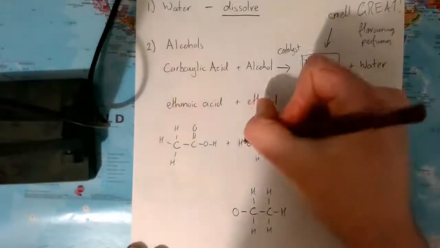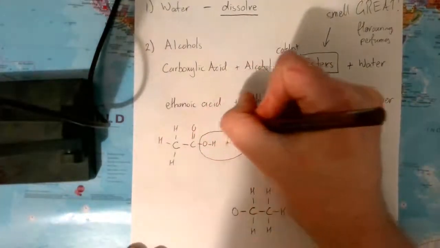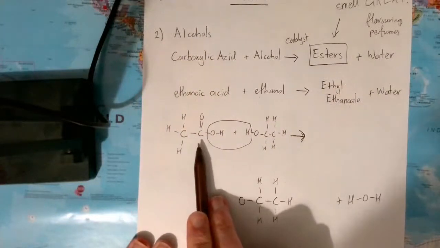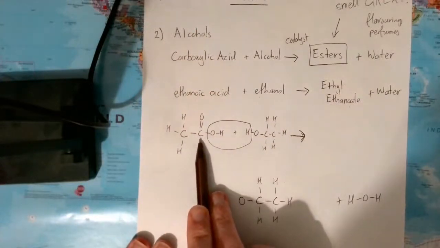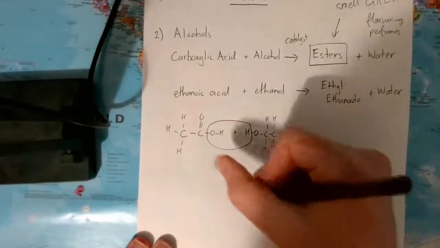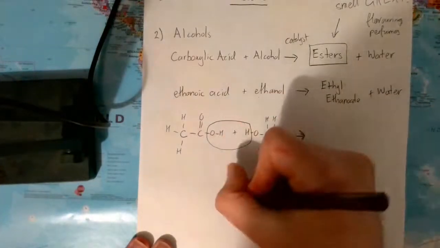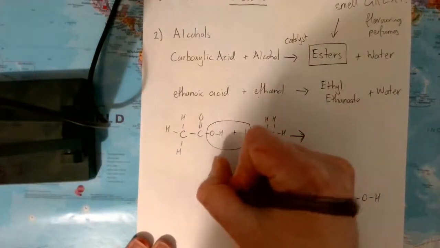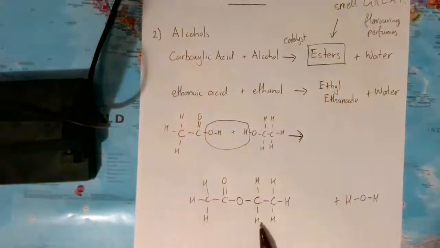If I take away the hydrogen here, to get water, I need another OH. And so that leaves me with just this part of the molecule here, where there's the carbon with the double bond, and so that is our new molecule.